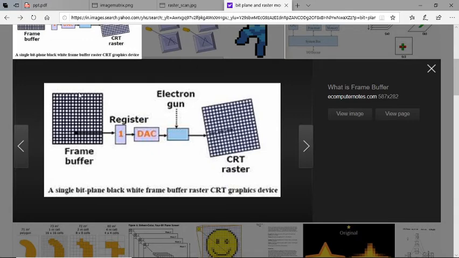It is defined in this bit plane. These are digital bits, these are phosphor dots where you need to shoot current. If there is only one bit for one pixel, then this is called one bit plane. If one pixel is defined by 2 bit planes, then we say that 2 bit planes define one pixel. So these memory frame buffers are also called bit planes.